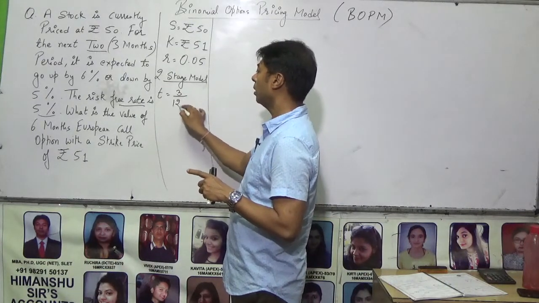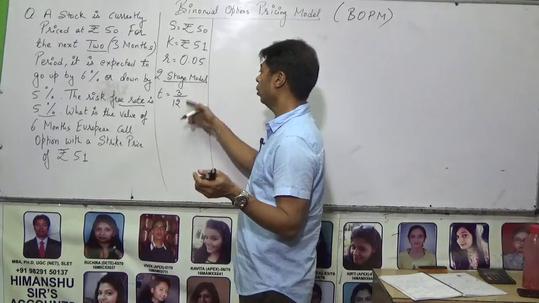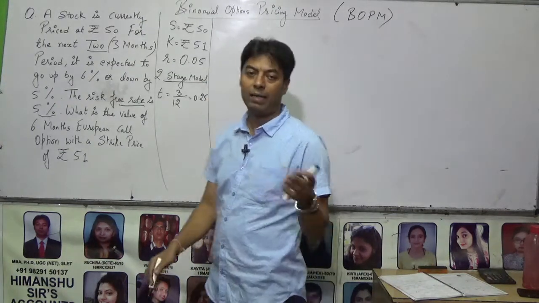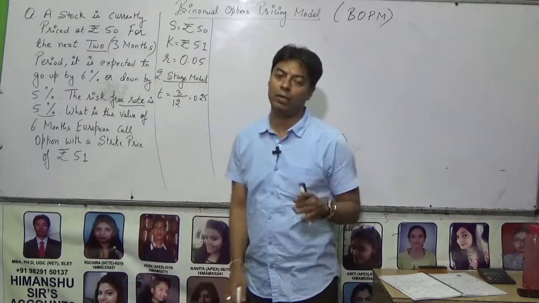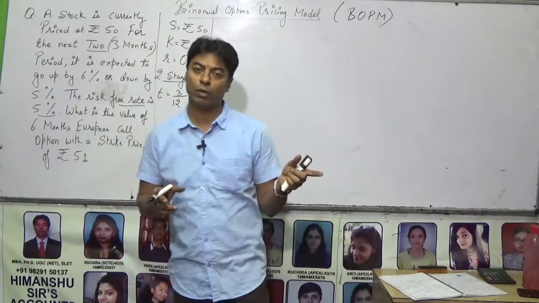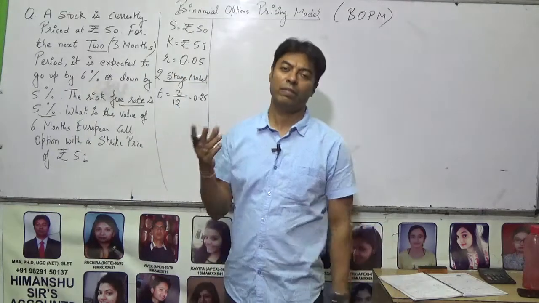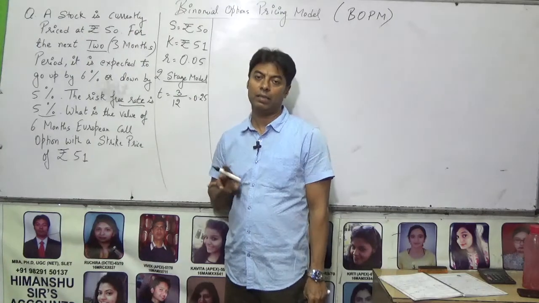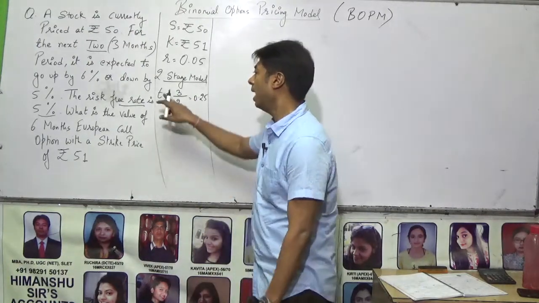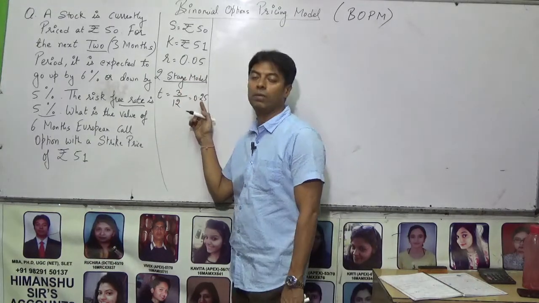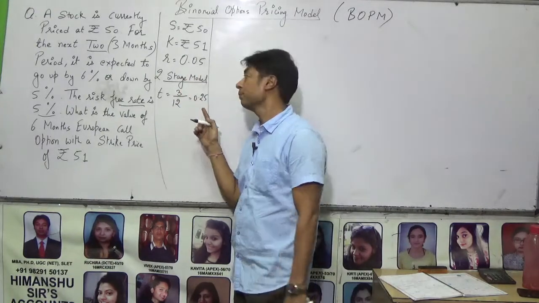Now we will have to convert it to a yearly basis. So 3 divided by 12 will give us 0.25. Had it been 6 months, 6 divided by 12 would have been 0.5, and for 1 year you would have taken the value of t as 1. So you have to convert it to a per annum basis, and since there are 12 months in a year, 3 divided by 12 will give you 0.25.